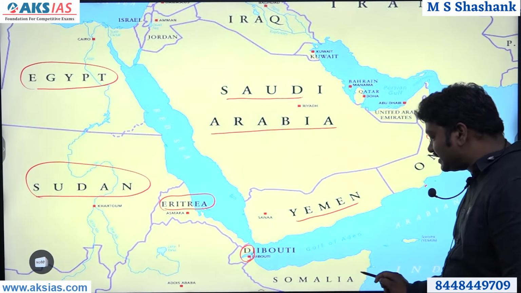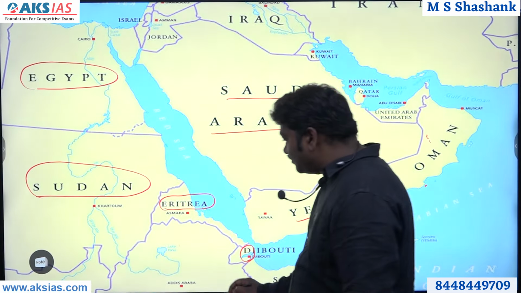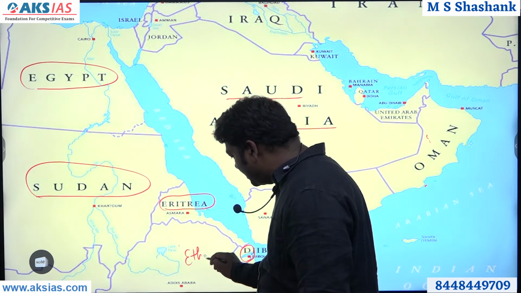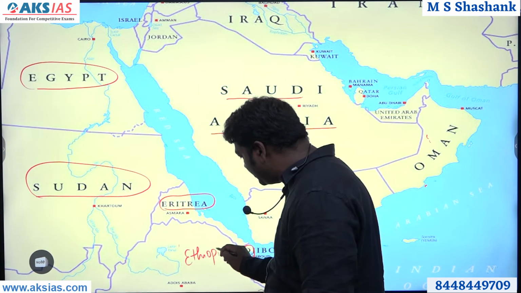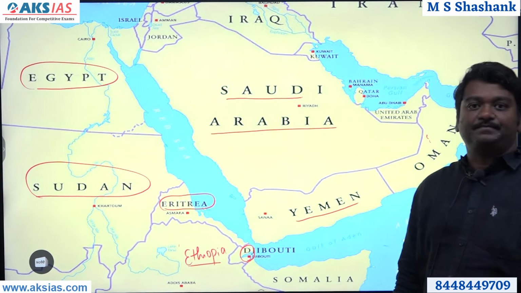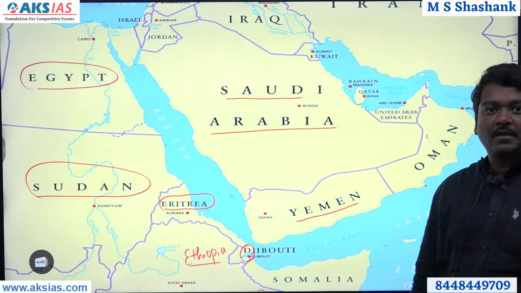So Somalia doesn't have a border with Red Sea. Similarly, there is another country, Ethiopia. Many people believe Ethiopia has a border with Red Sea, but Ethiopia doesn't have a border with Red Sea. This is another important aspect that you must be aware of.